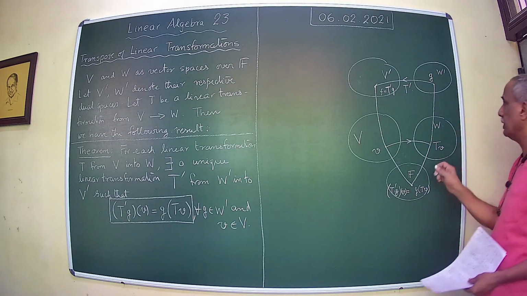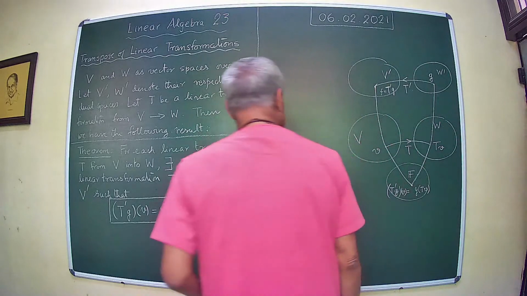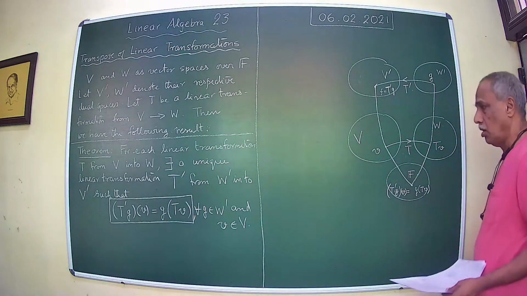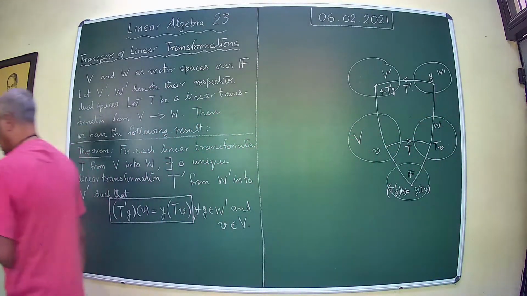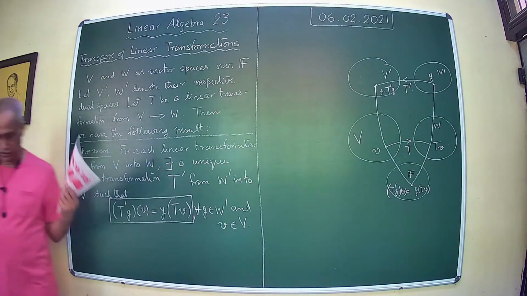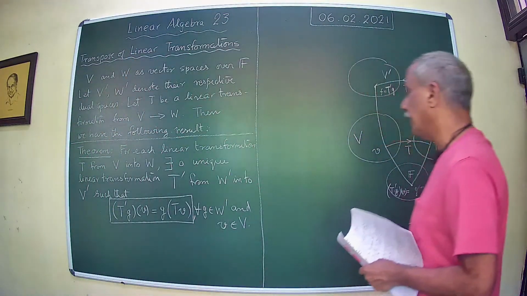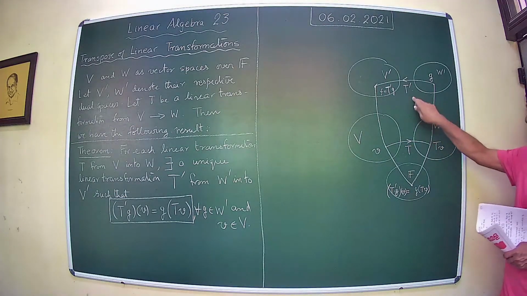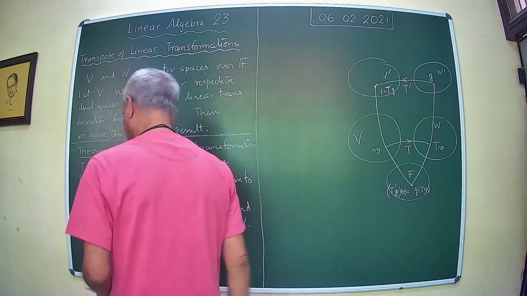So this is how these two operators or linear transformations T and T prime are connected. That is expressed in this theorem. This we have already explored. We even explored the matrix representation of T and the matrix representation of T prime. Okay, so let us just recall that.